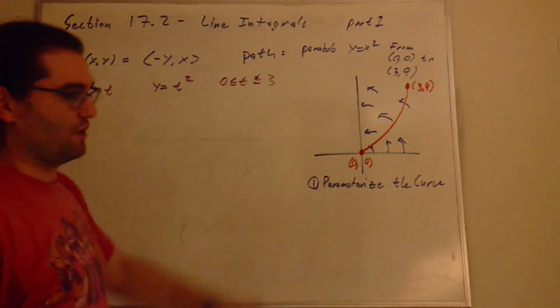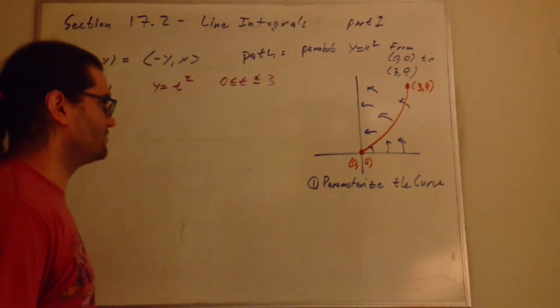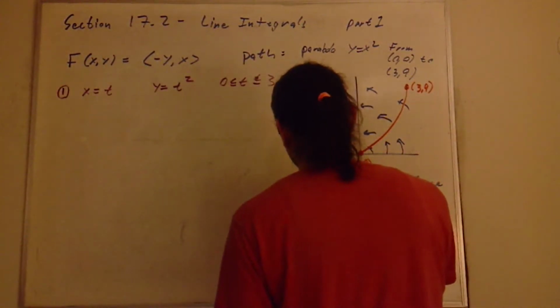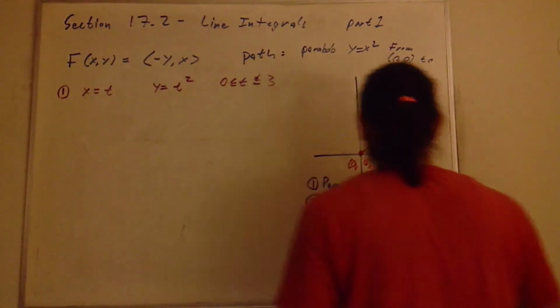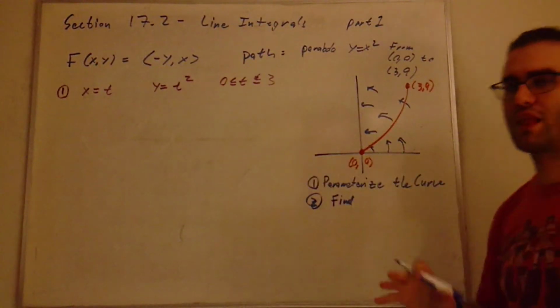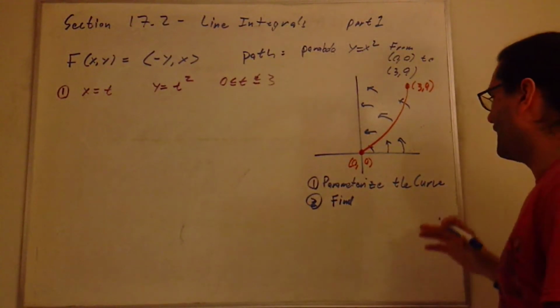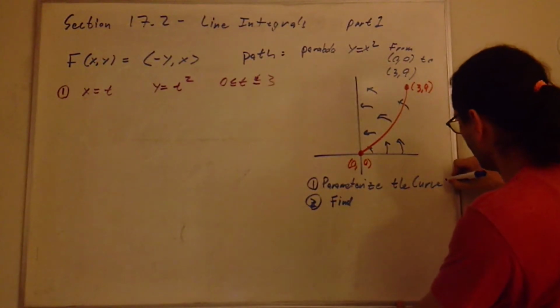So that's step 1. Step 2 of our line integrals in 5 easy steps is we need to find, again, I think the book does this a little differently, and I'm not sure why. I was always taught that when you're doing these, the curve you get is r. So we're going to parameterize the curve r.